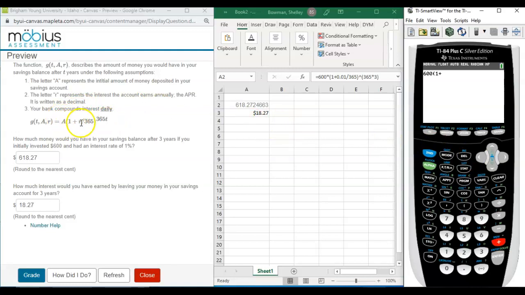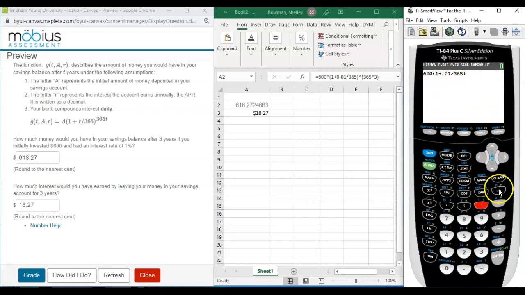I'm just going to replace our R now, which was 1%, again changing it to the decimal 0.01, and then divide by 365. So the way I'm doing this is typing it on my keypad on my computer, just so that you guys can see that. But make sure that all of these are really accurate.